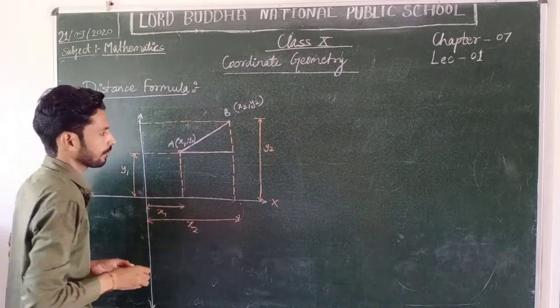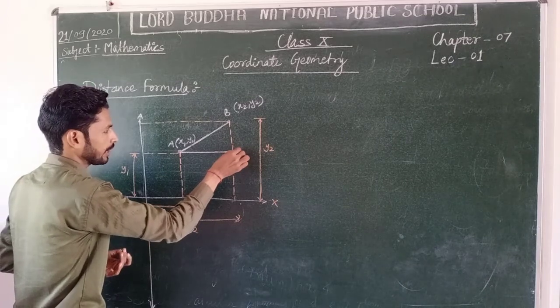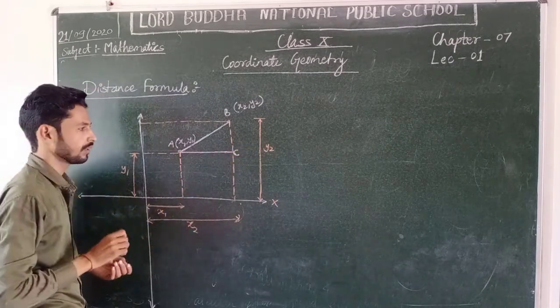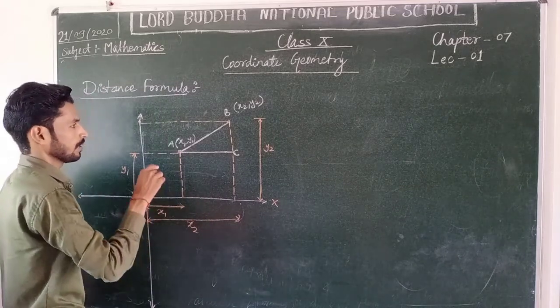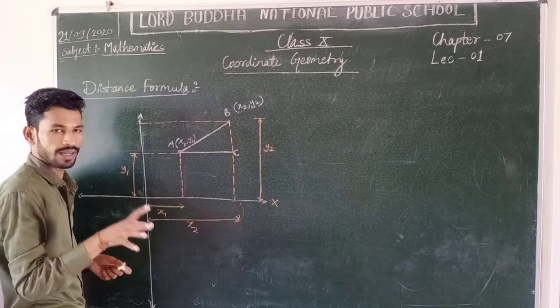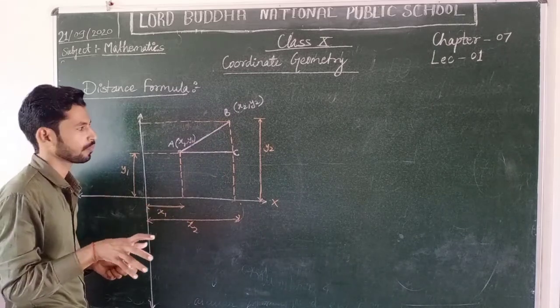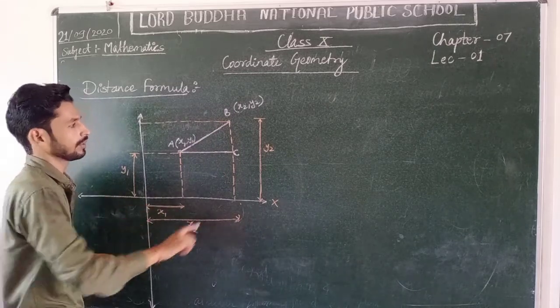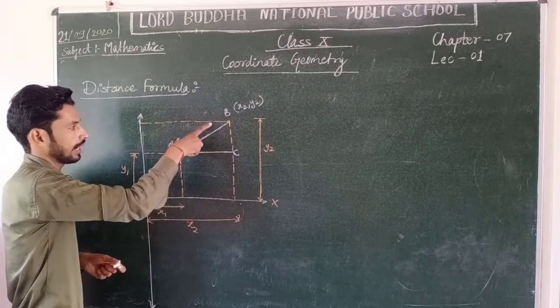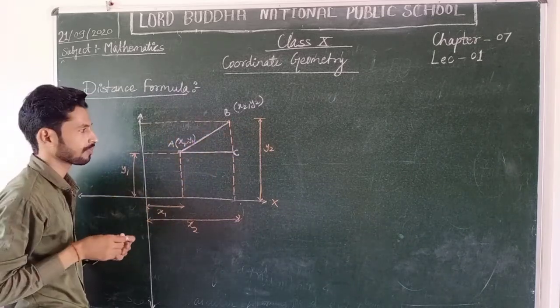Then we can say, suppose that there is a point C. Clear? Now we can see here ABC is a right triangle, and in this triangle BC is the perpendicular, AC is the base, and AB is the hypotenuse.